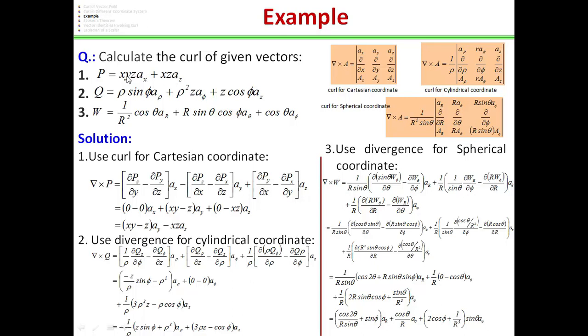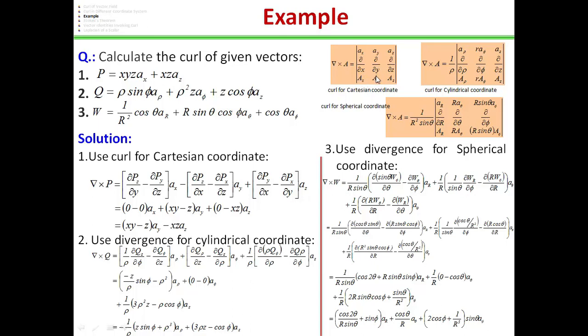Cartesian coordinate system. So to find the curl of the vector P, we will apply the formula of curl in the Cartesian coordinate system. In the Cartesian coordinate system, it is defined as del cross A is equal to the determinant of ax, ay, az, del by del x, del by del y, del by del z, and Ax, Ay, Az.